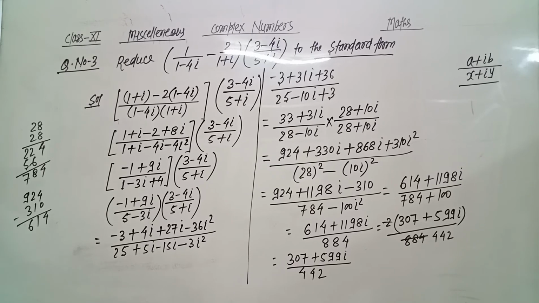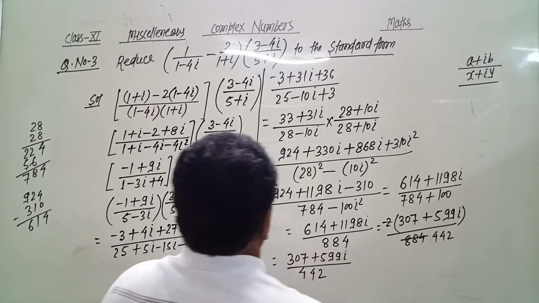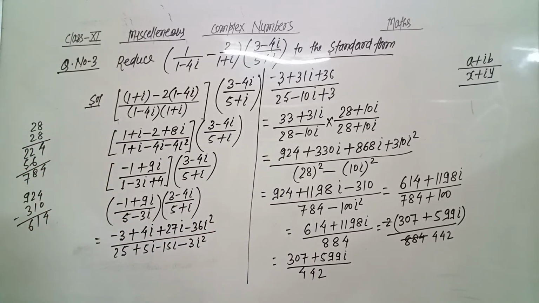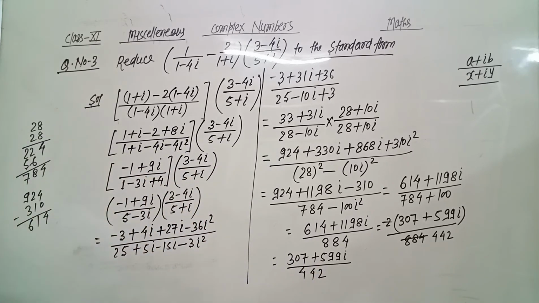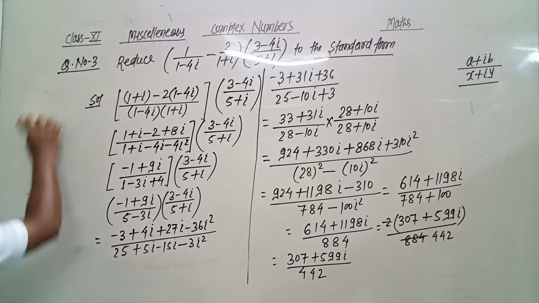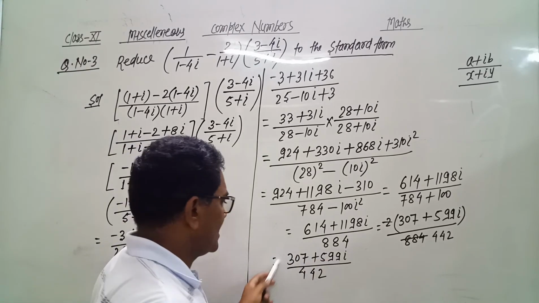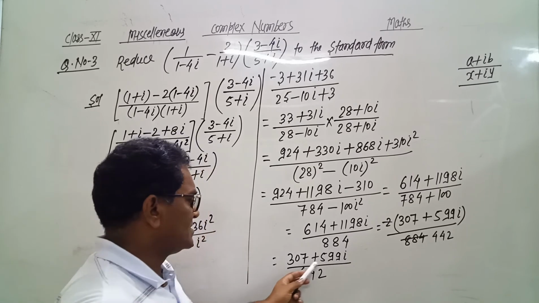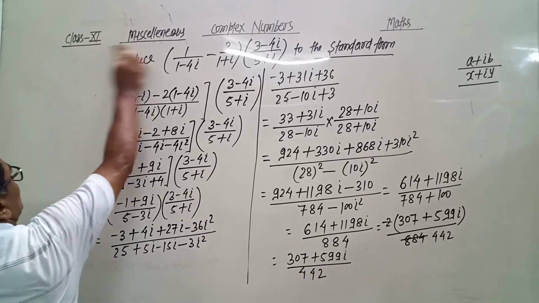So this is the standard form. The final result is 320 plus 599 iota upon 442. This is the standard form. So we have reduced this complex number in the standard form.